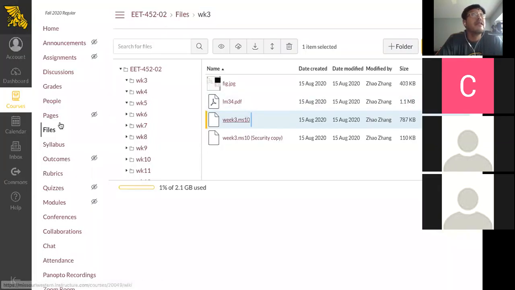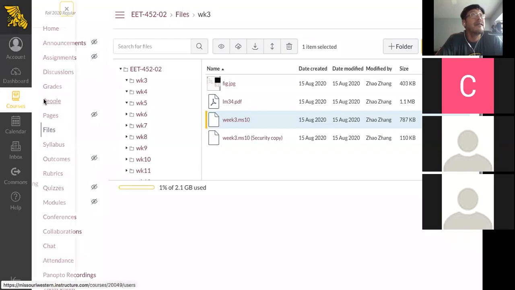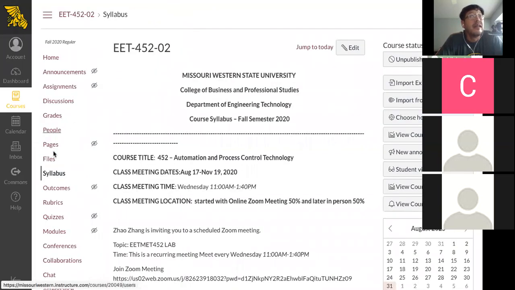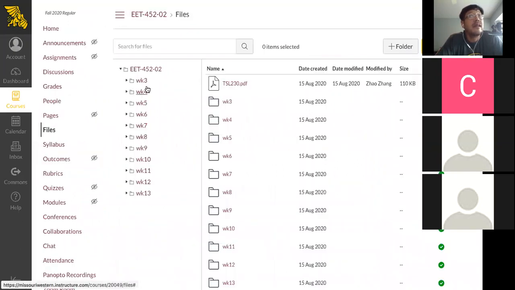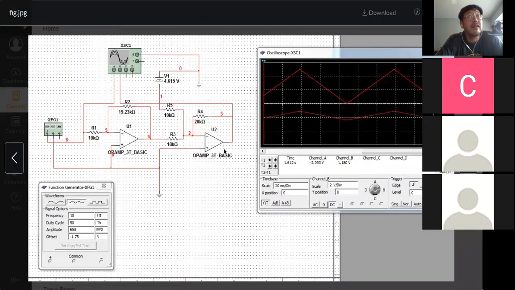Yeah, this is the Canvas file area. You go to the lab, this one, 452, section 2. And then you go to the files, week 3. And this will be a circuit we're going to simulate.